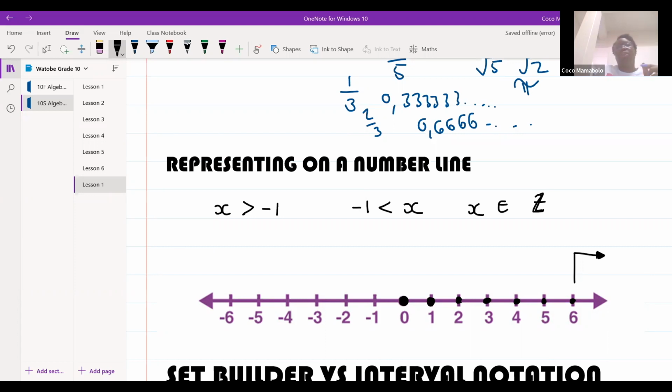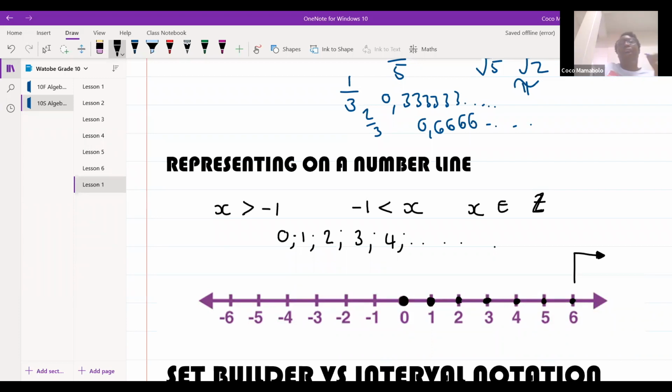So I know if x is greater than -1, I'm not going to include -1. I'm going to start with the number just after it. So my numbers will start at 0, 1, 2, 3, 4, and keep going in that direction.